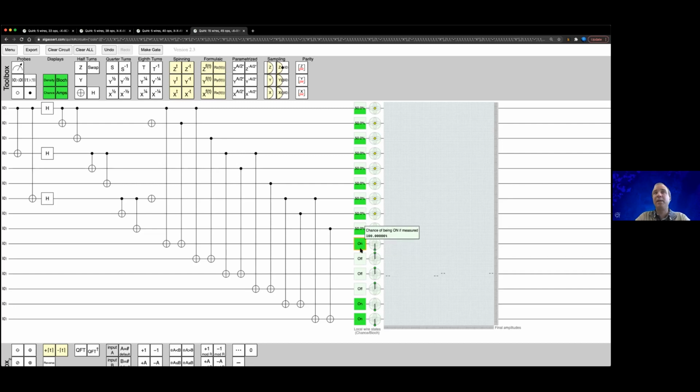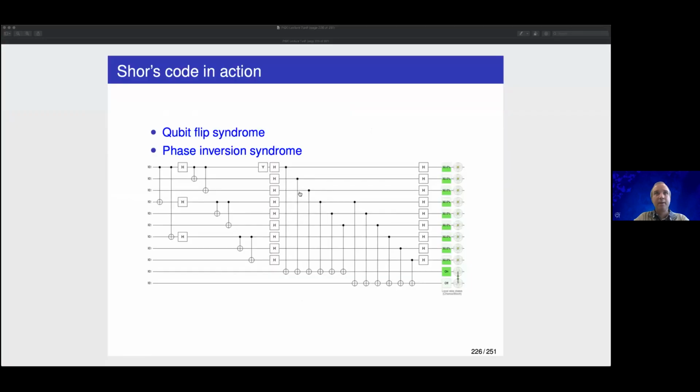So this might be a problem, because then maybe I cannot differentiate between an X and a Y error, and this can be problematic. But let me go now to the other syndrome, which is the phase inversion syndrome.